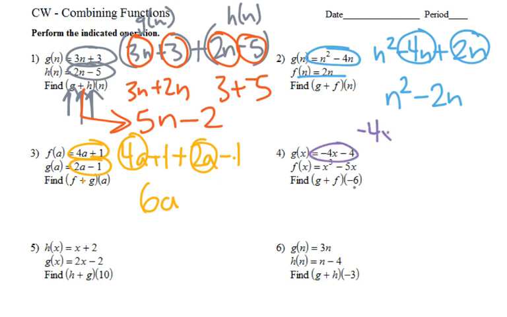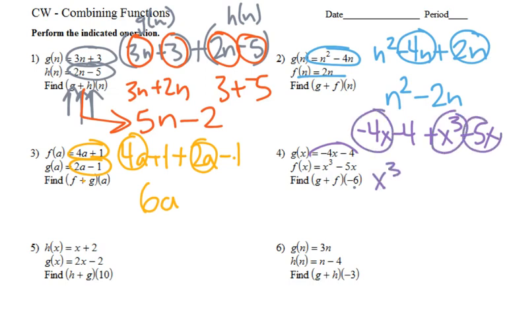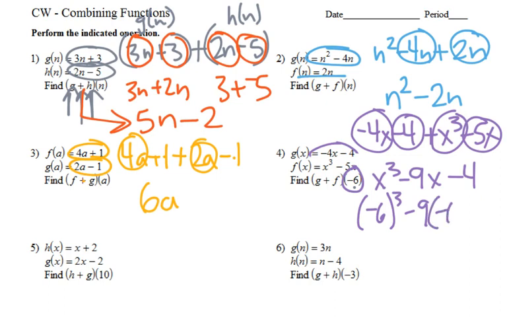So negative 4x minus 4 plus x cubed minus 5x. No other x cubed, so I'd go x cubed. Negative 4x, negative 5x, negative 9x, minus 4. But I want it when this x is negative 6. So I replace the x's, the variables, with a negative 6, and then I simplify.